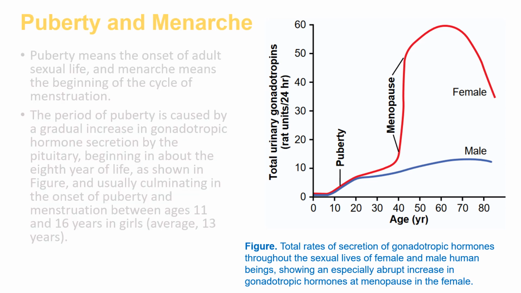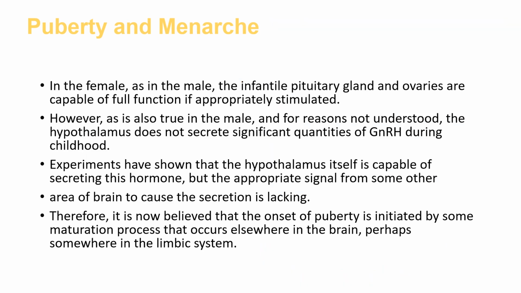Figure. Total rates of secretion of gonadotropic hormones throughout the sexual lives of female and male human beings, showing an especially abrupt increase in gonadotropic hormones at menopause in the female. In the female, as in the male, the infantile pituitary gland and ovaries are capable of full function if appropriately stimulated.